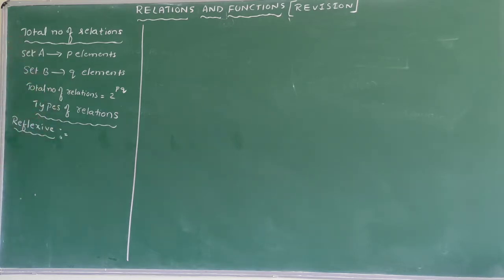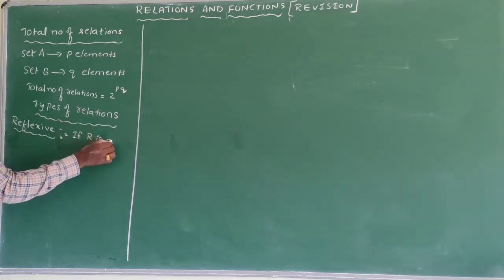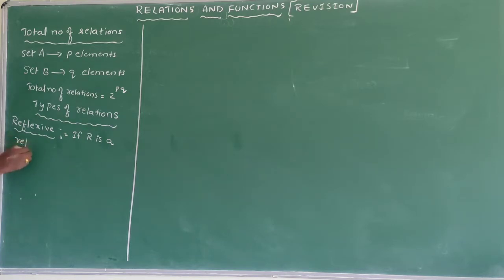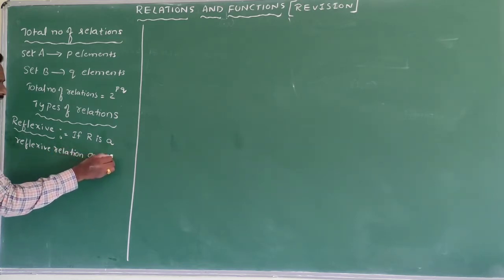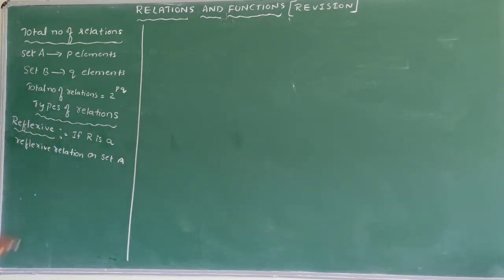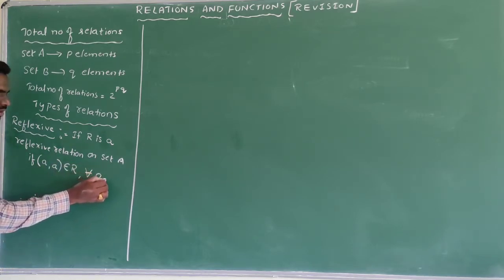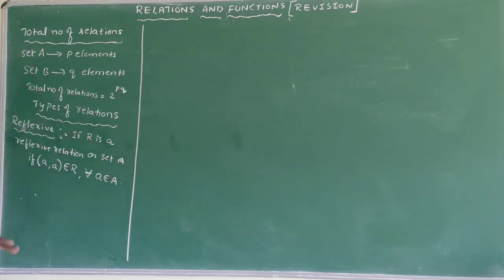Reflexive relation: if R is a reflexive relation on a given non-empty set A, if the ordered pair (a, a) belongs to R for all a belonging to A. This is the definition of reflexive relation.